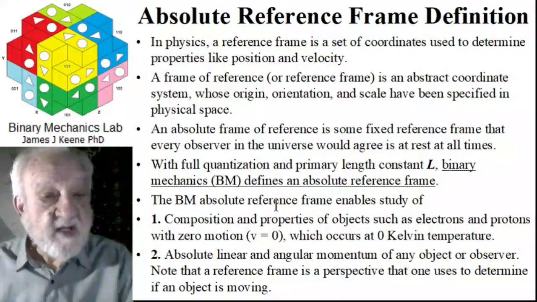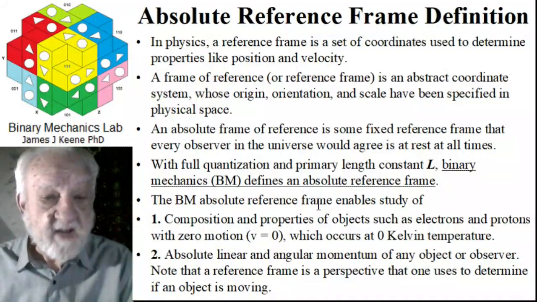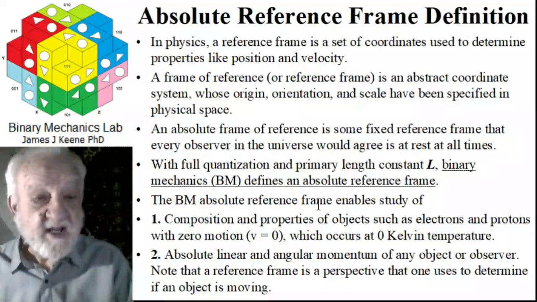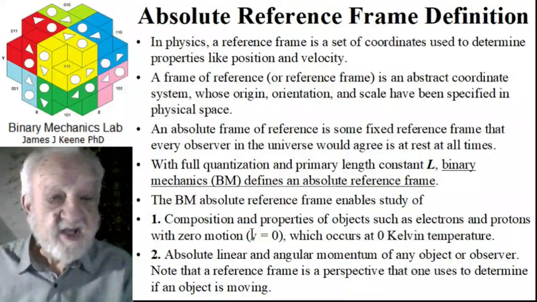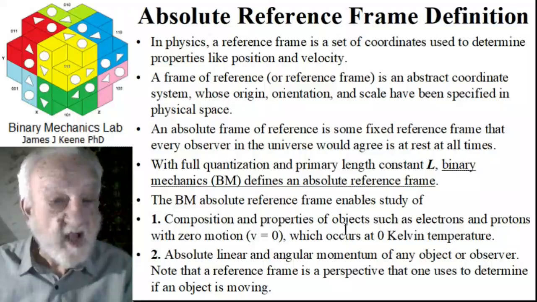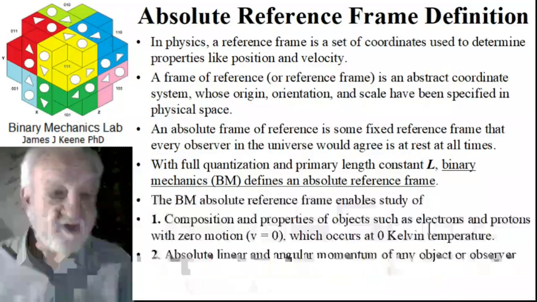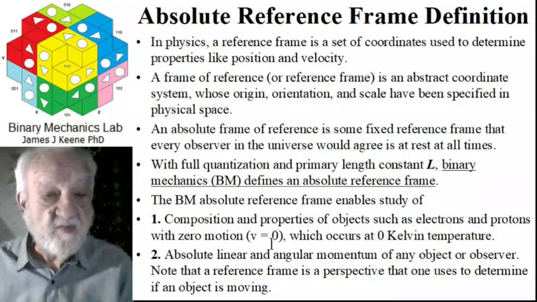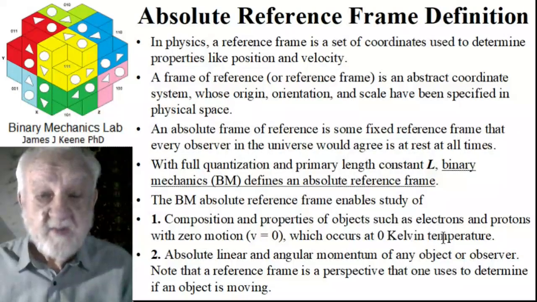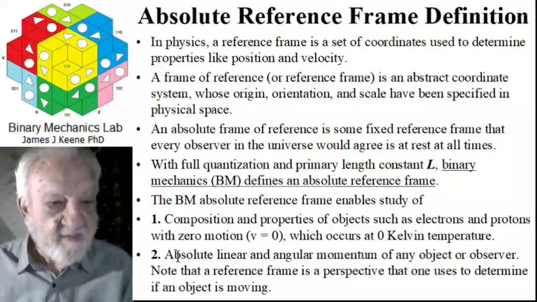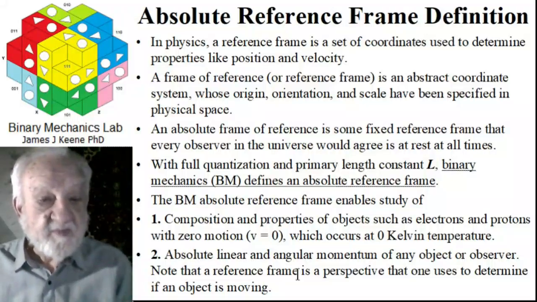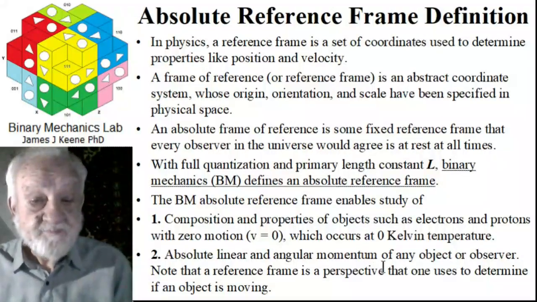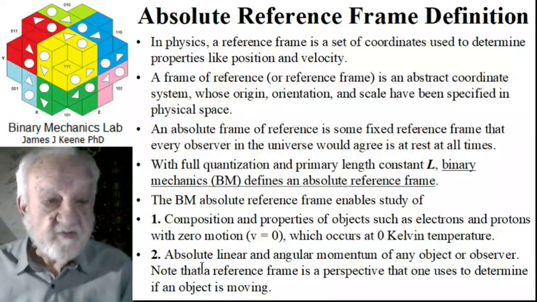The binary mechanics absolute reference frame enables study of, first, the composition and properties of objects, such as electrons and protons with zero motion, which occurs at 0 Kelvin temperature. Secondly, absolute linear and angular momentum of any object or observer.